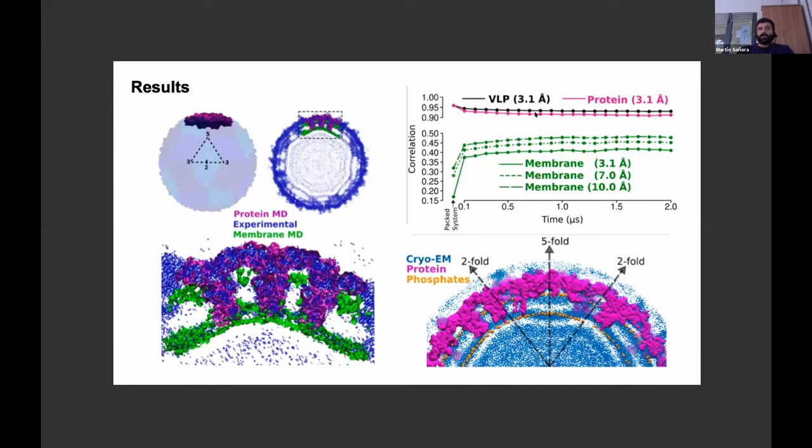Nevertheless, our simulation continues to reflect the experimental data to a large extent, as the correlation for the whole VLP remains over 90%. Conversely, calculating the correlation only on the membrane shows a marked increase from the initial conformation.